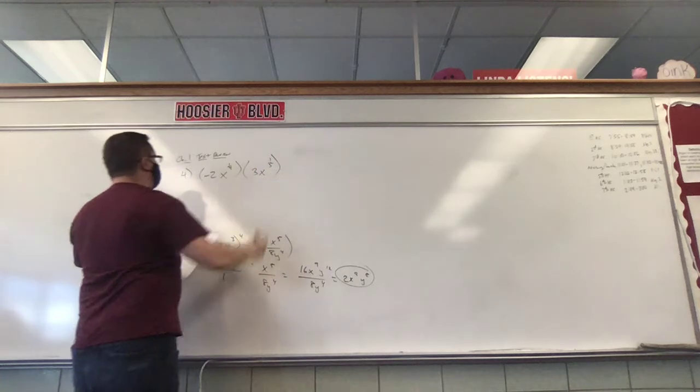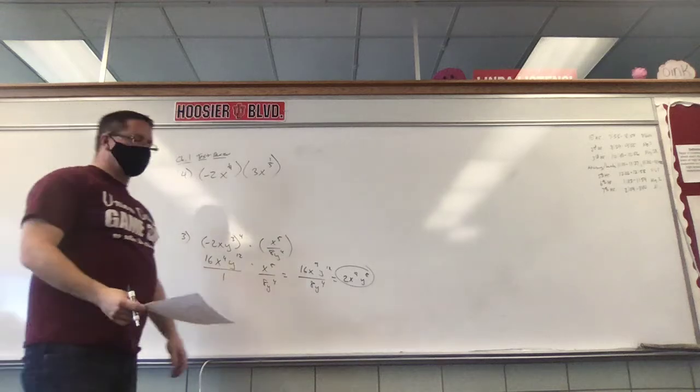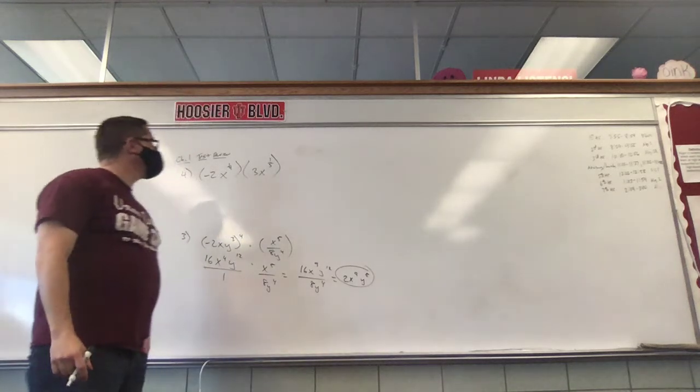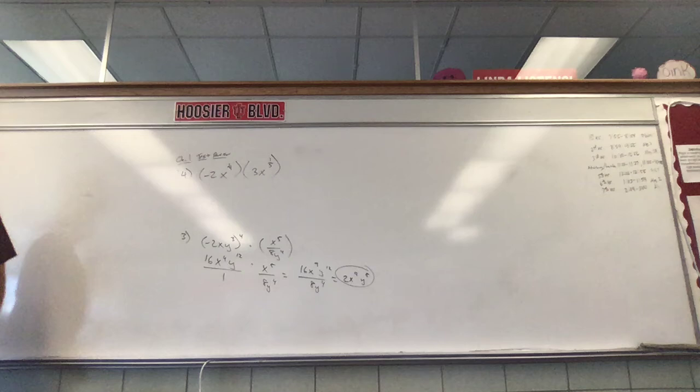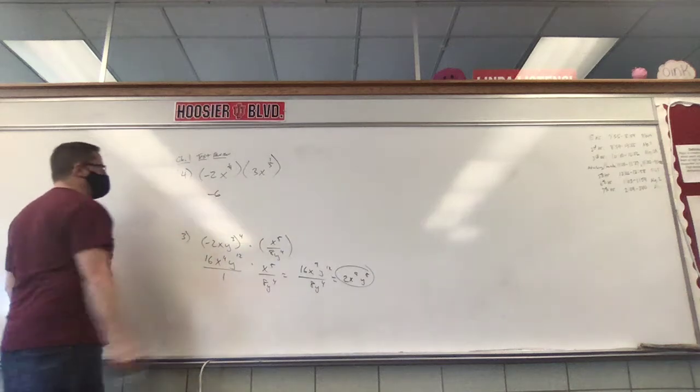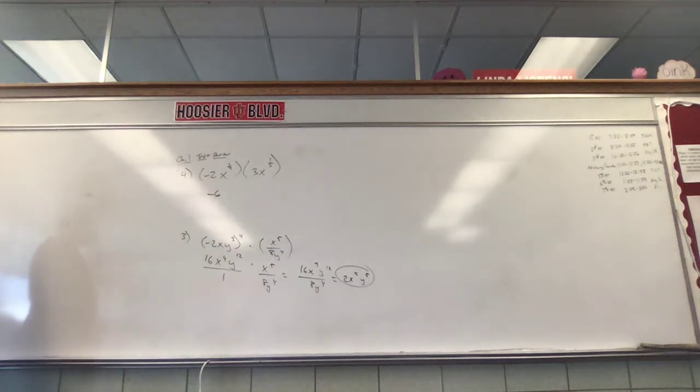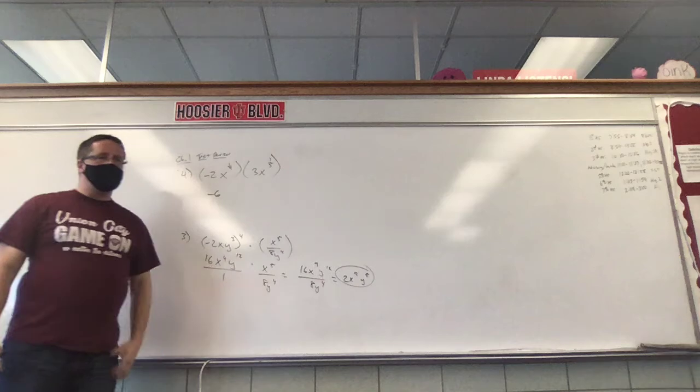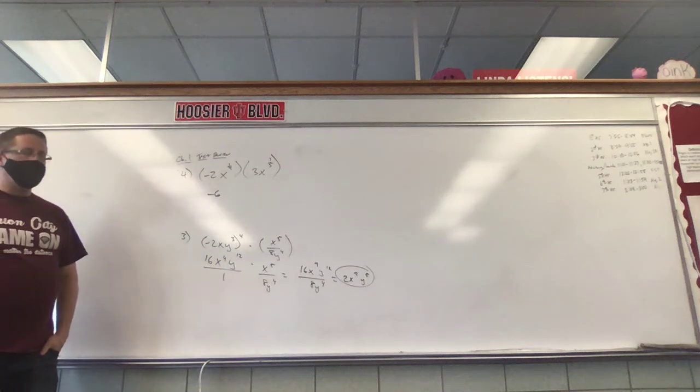Okay, what is negative 2x to the 1/4 times 3x to the 1/5? So how's my answer going to start out? -6. How'd you get -6? Multiply the -2 and 3. Okay, and then when we times, we do what with the exponents? We add. They happen to be fractions.